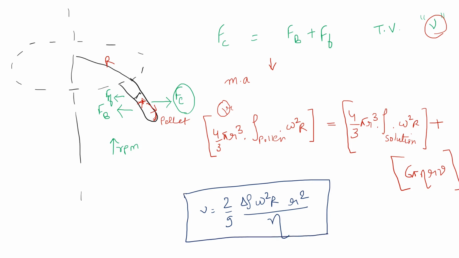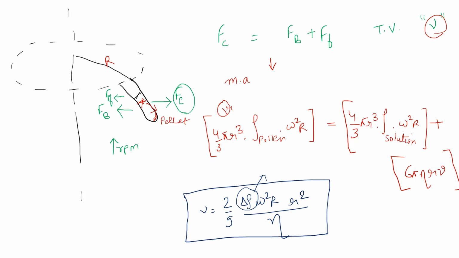And you'll come to see that V depends upon delta rho, that is the difference between the densities of the pollen and the solution. It depends upon omega square r, that is your angular velocity, and it depends upon the radial distance of the particle from the axis of rotation. So basically it depends upon the radius of your rotor, or the size of the rotor.